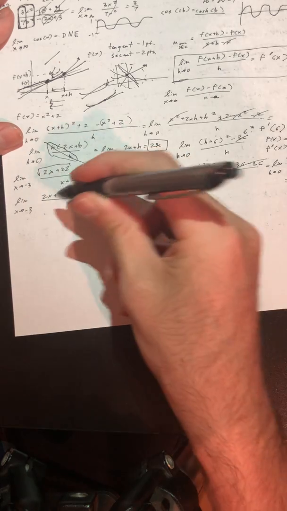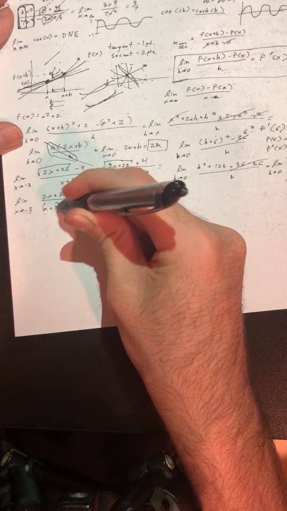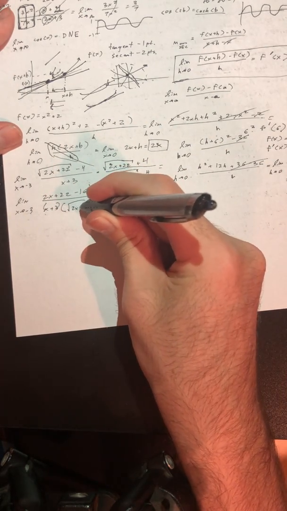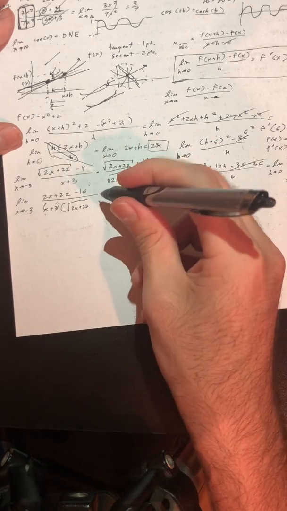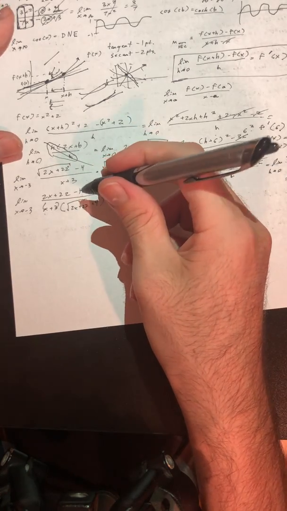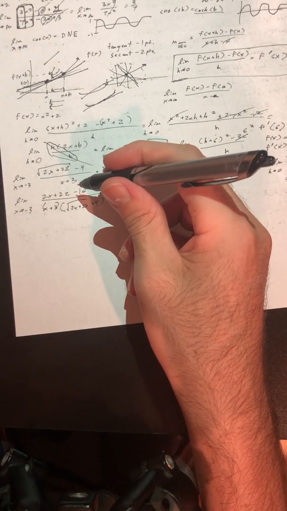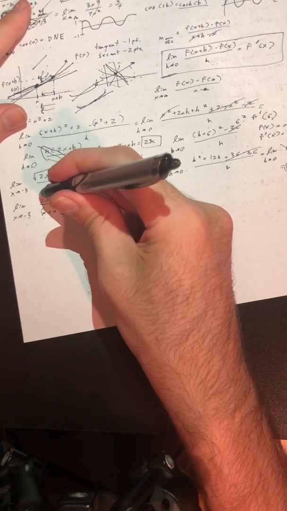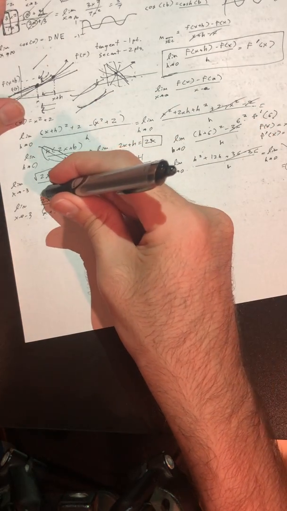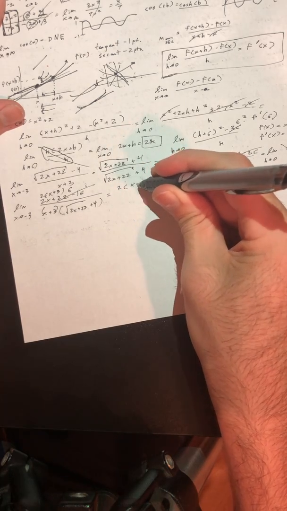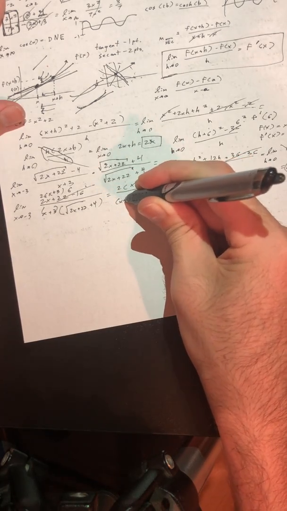We have minus 4 times 4, which is minus 16, over x plus 3 times the square root of 2x plus 22 plus 4. 22 minus 16 gives you 6, so you have 2x plus 6, which is really 2 times x plus 3, over x plus 3.